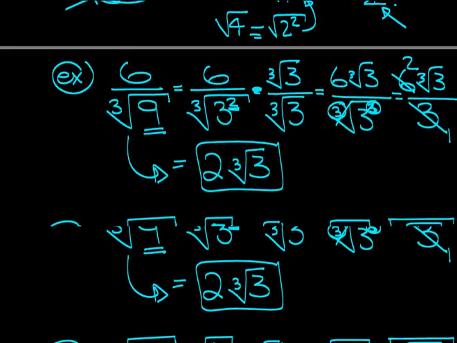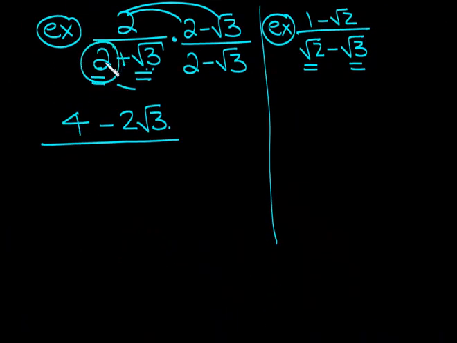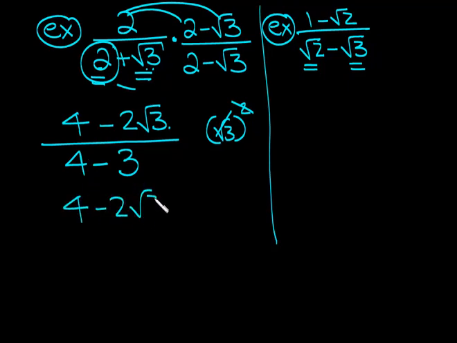What is the square of 2? 2 times 2 is 4. Put a minus in the middle. And square root of 3. What is square root of 3 squared? We talked about that the square and the radical will cancel, so you just get 3. So we get 4 minus 2 square root of 3 over 1.